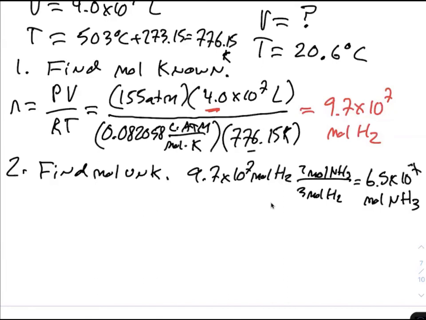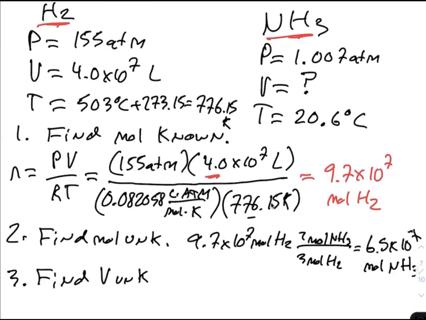And then finally, I want to find, this one's a long problem, the volume of the unknown. And I'm not at STP. I'm not near it, I'm not at 0 degrees Celsius, and I'm not quite at 1 atmosphere.